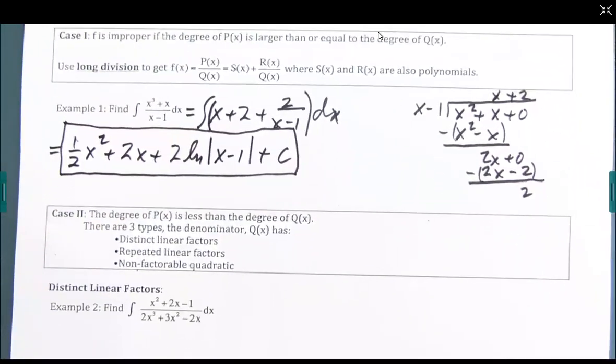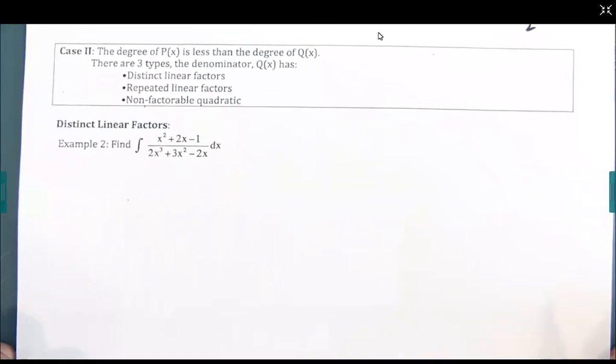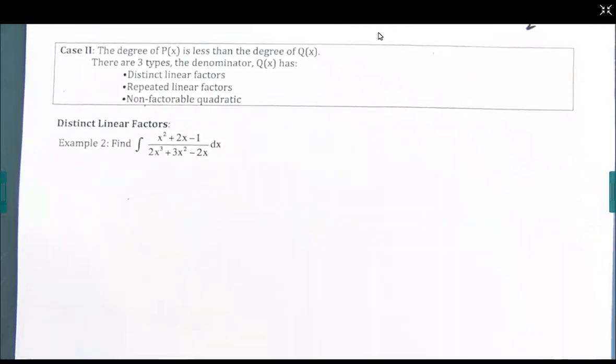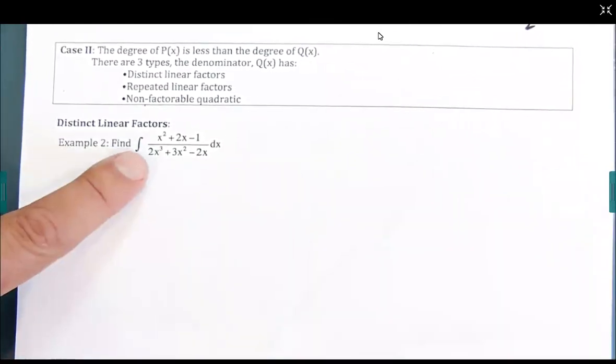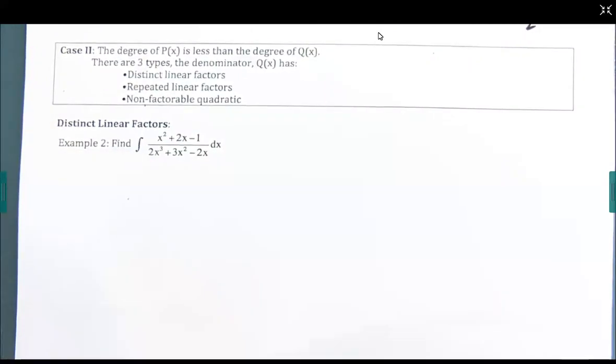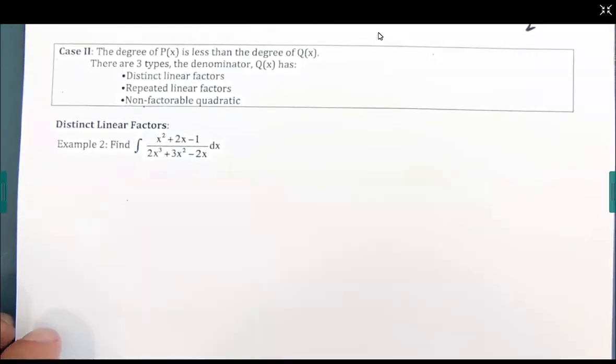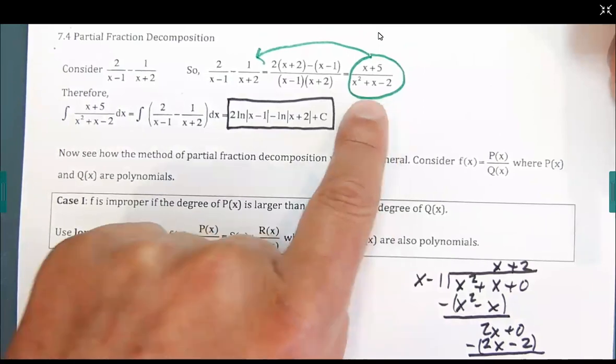All right, now we are to case 2. Now, if the degree in the numerator is less than that of the denominator, like we have here, then what we can try to do is factor the denominator and come up with a way to algebraically break it up like we were talking about up here.